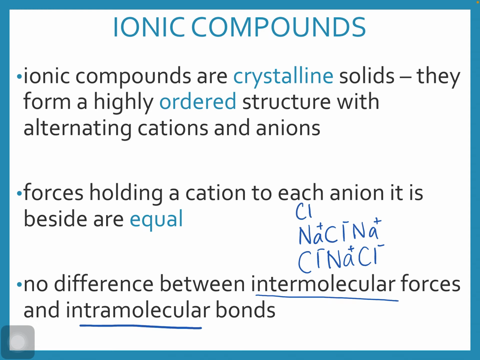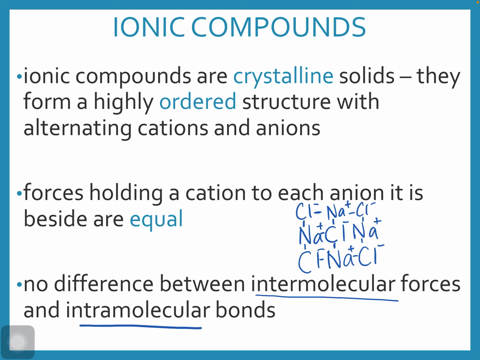So as we continue here, there is just a bond that is just as strong between every single one of these cations and anions. So we can't really distinguish what is one molecule of sodium chloride.